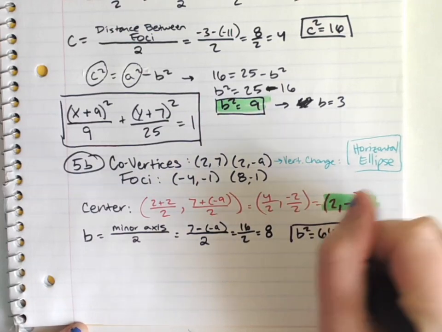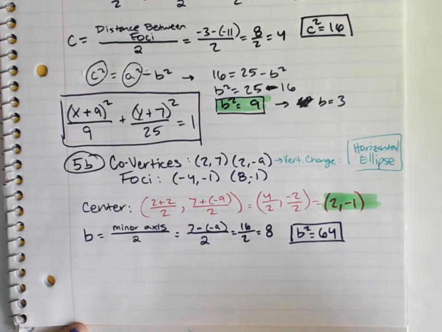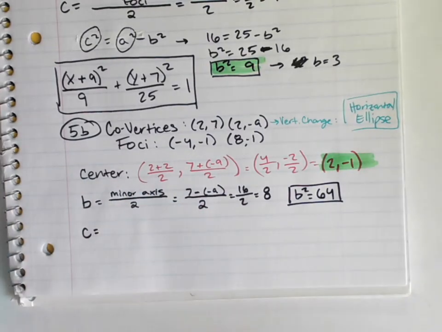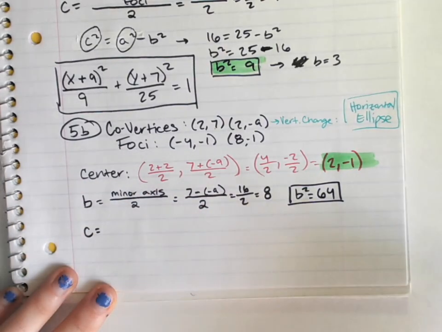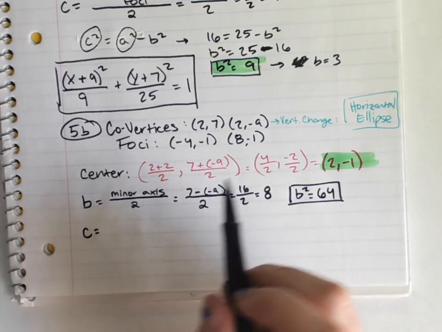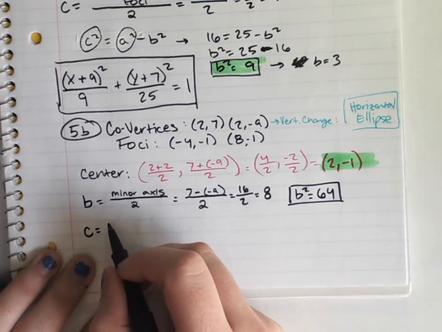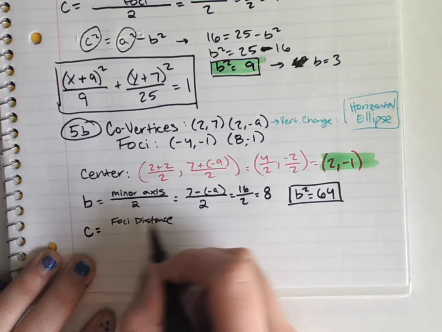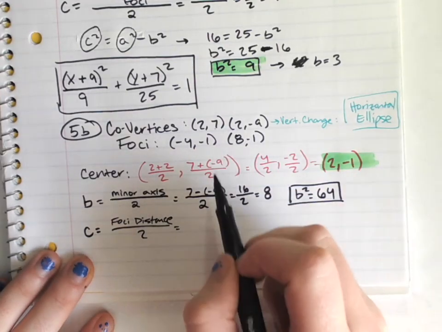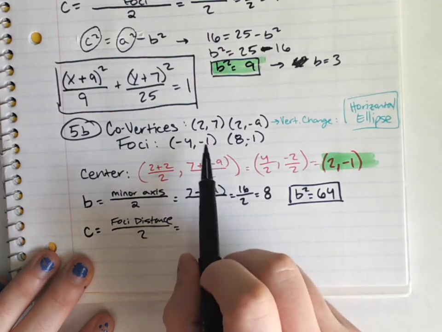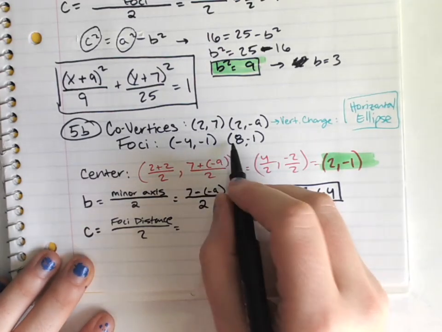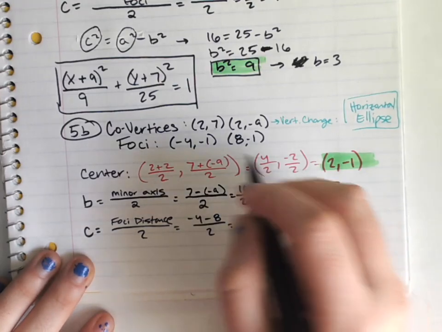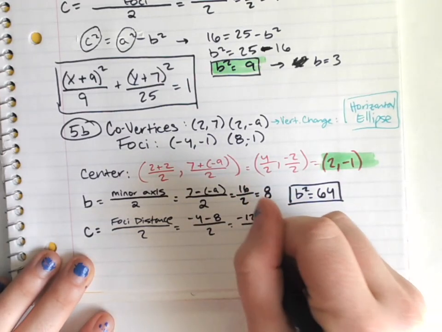Okay, so we have our center, we have our B. We can't find the A, but we can find the C value. The C value is the distance between foci cut in half. So the change is between -4 and positive 8. -4 minus 8 over 2, we get -12 over 2.